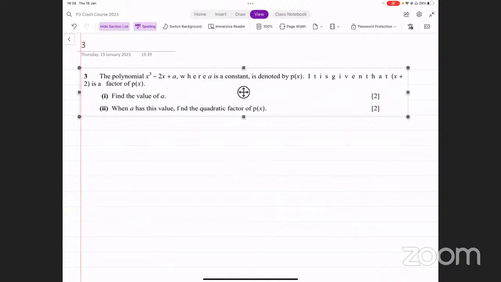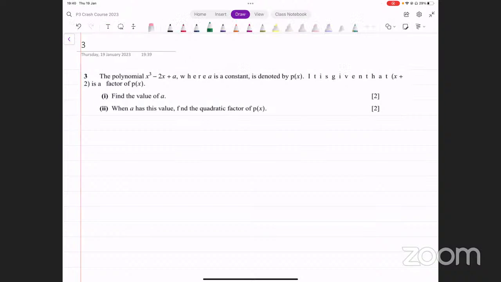Let's try this. There's this polynomial x cube minus 2x plus a is denoted by p of x. P of x equals x cube minus 2x plus a. It's given that x plus 2 is a factor of p of x.